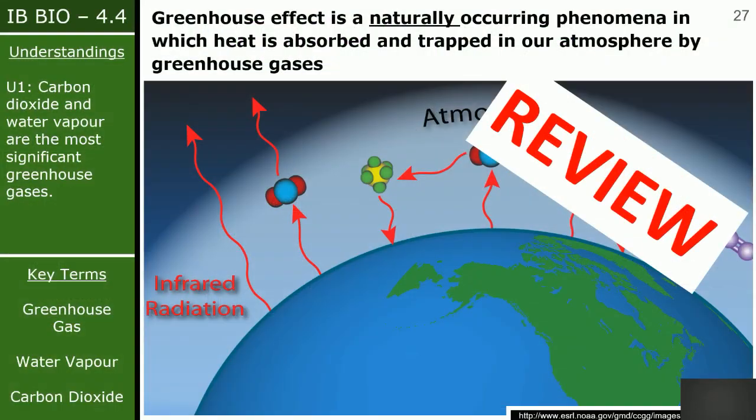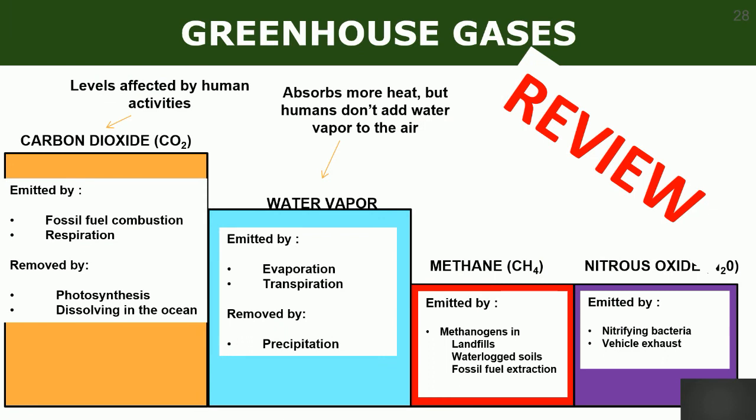So just to review, the greenhouse effect is a naturally occurring phenomenon in which heat is absorbed and trapped in our atmosphere by greenhouse gases. So that part has been happening for billions of years. And remember that our greenhouse gases include carbon dioxide, which is the most important one as far as I'm concerned, because it's being emitted by fossil fuel combustion, even though it comes from other sources like respiration, and that it is only removed by photosynthesis and dissolving in the ocean.